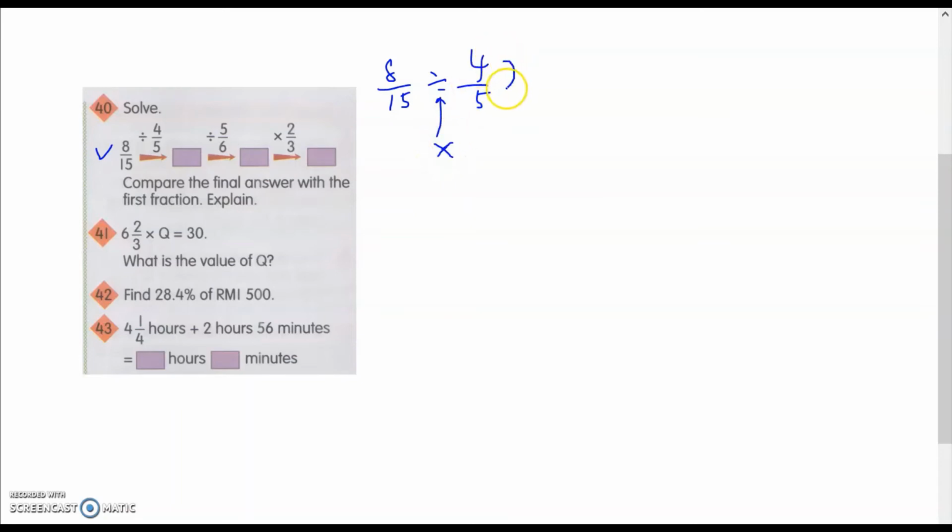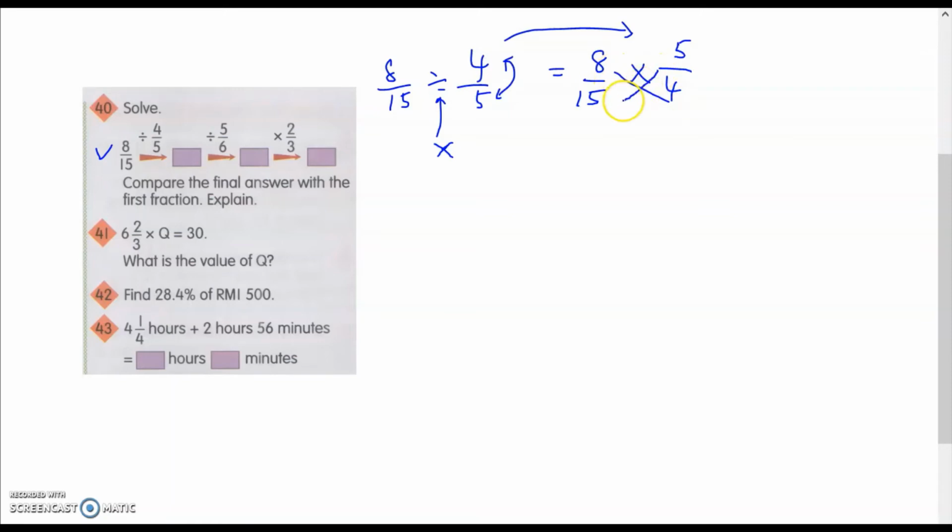So when we change to times, we need to flip the second fraction. The first fraction is not affected, but the second fraction, we flip it, so 4 goes down, 5 comes up. So 4/5 becomes 5/4.